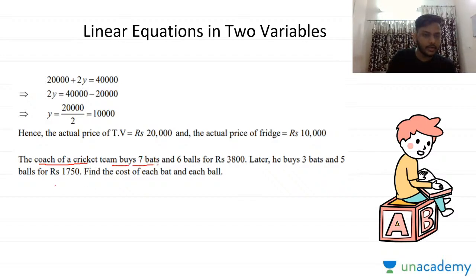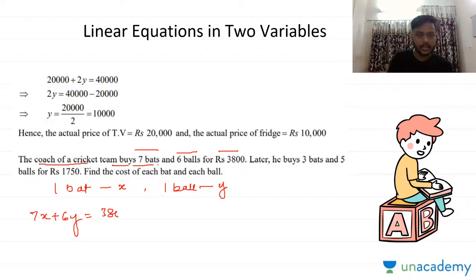So I'm going to assume the cost of one bat to be X and the cost of one ball to be Y. The total cost of 7 bats and 6 balls is 3800, which means 7x plus 6y is equal to 3800. And he buys 3 bats and 5 balls, which means 3x plus 5y equal to 1750. Correct?